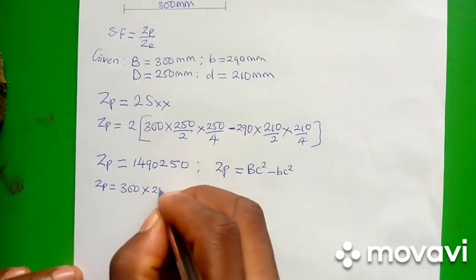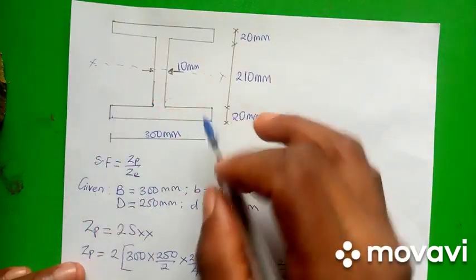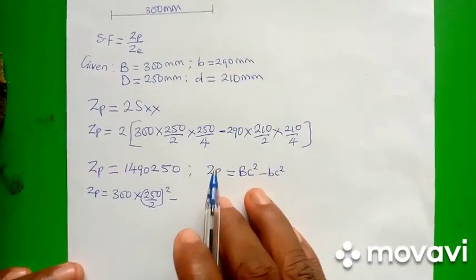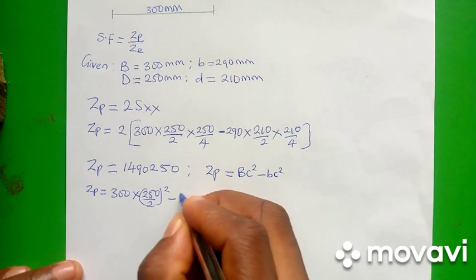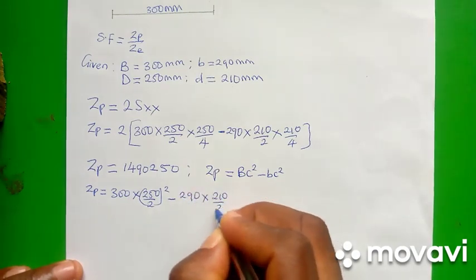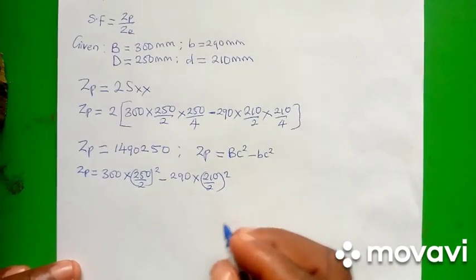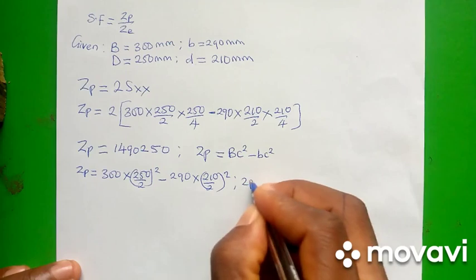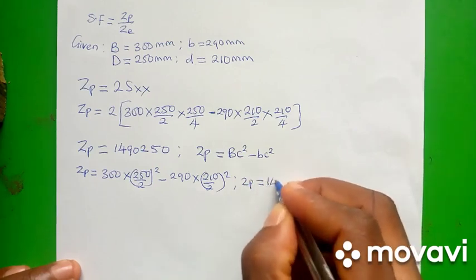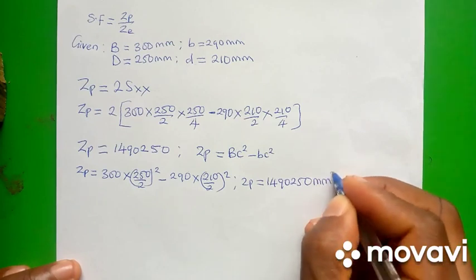And don't forget, in the formula, you're going to square it, minus when you remove the flange and the web, which is small letter b, 290 multiplied by 210 over 2 all squared. So if you use the same formula, your Zp will also be equal to 1490250 millimeter raised to power 3.